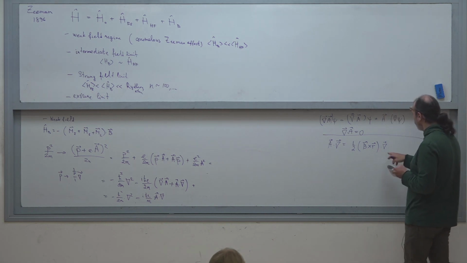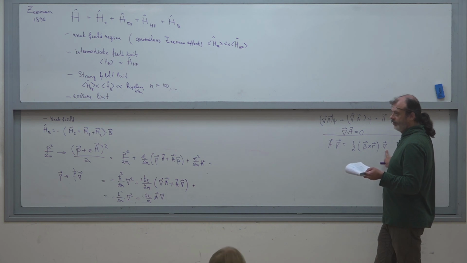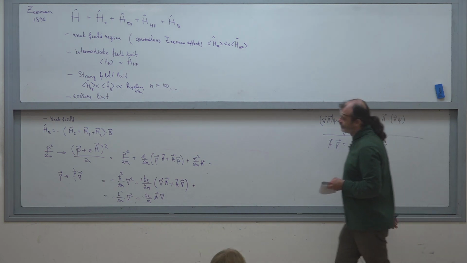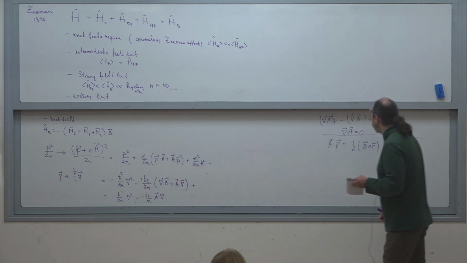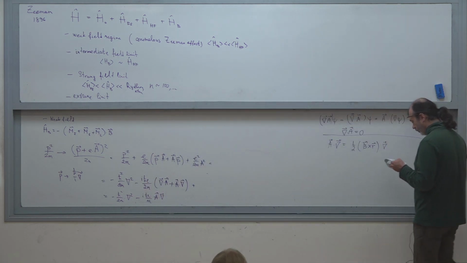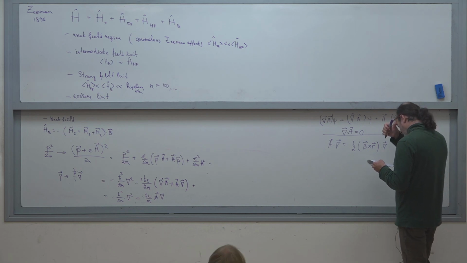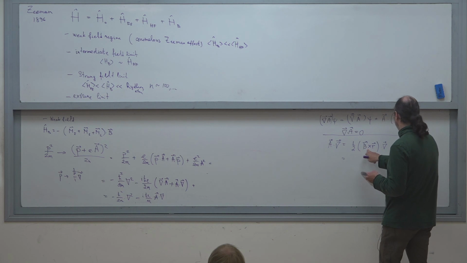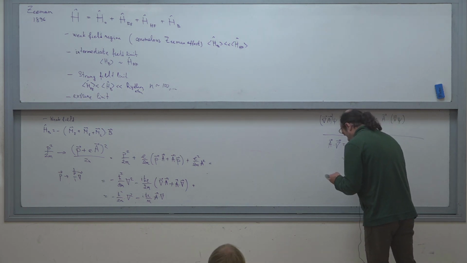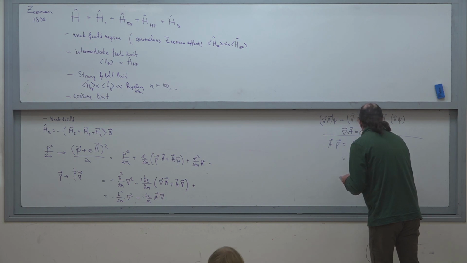So now we have to get back from the gradient to P through this operator, so we can get it back. If we exchange this B with the operator gradient, we will have 1/2 of B multiplied by R cross gradient.